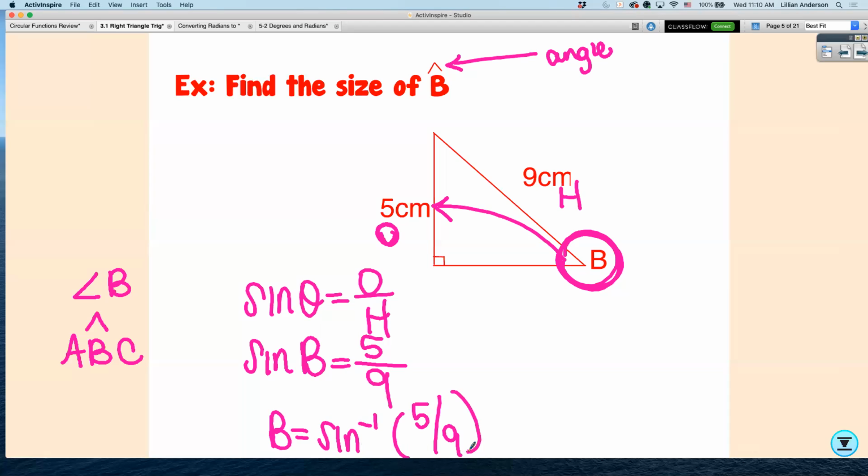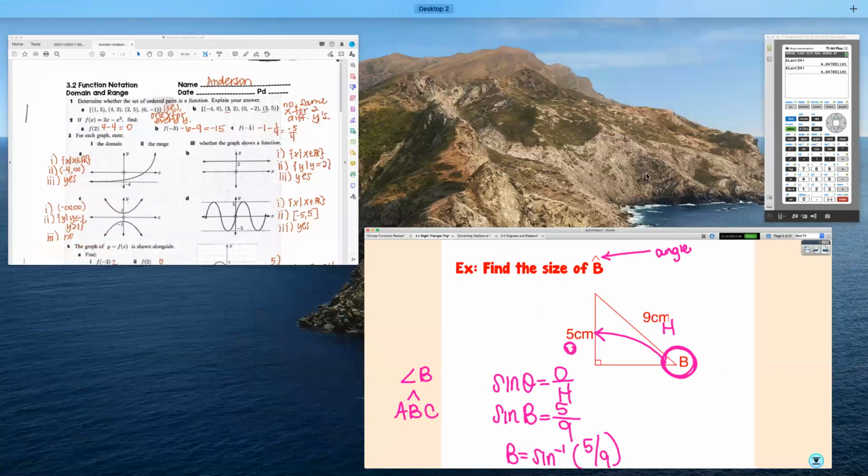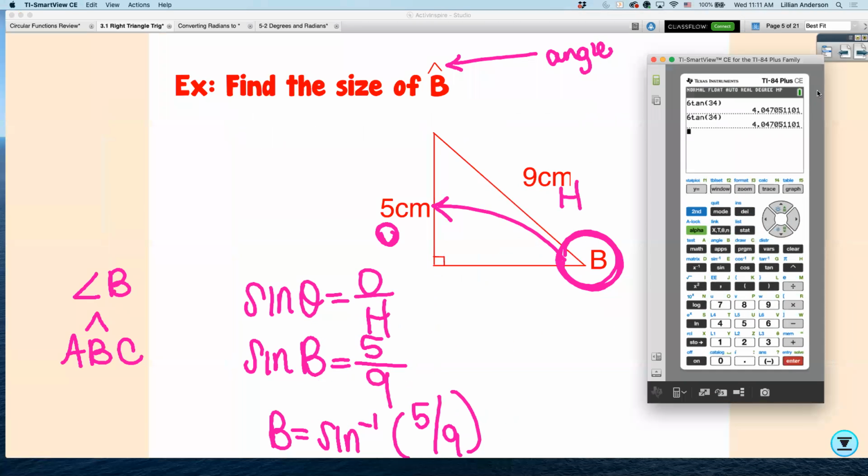Performing the inverse is how you get rid of the sine that's attached to the B. So sine inverse of 5 over 9. To get the inverse, you press the second button, then you press the respective trig ratio button. You can see all the different symbols that are above. We've got sine inverse, cosine inverse, tangent inverse, and then 5 divided by 9 to get your answer.